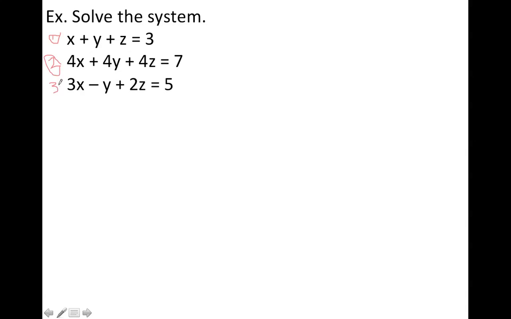And if we add up equations 1 and 3, you don't have to multiply by anything. So x plus 3x is 4x. Our y's eliminate, and z plus 2z is 3z. And that equals 8.